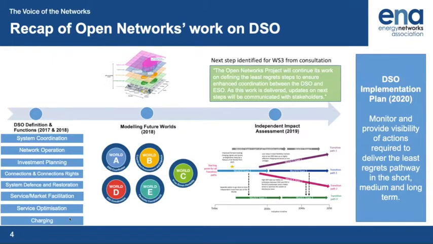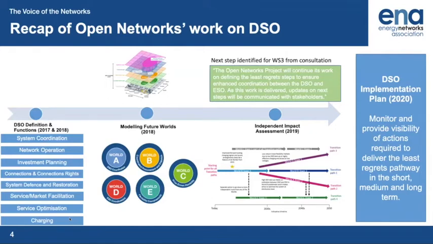You can see the 8 functions that we put to stakeholders and got stakeholder feedback on, and these were seen as the key functions that distribution network operators would undertake in support of distribution system operation.